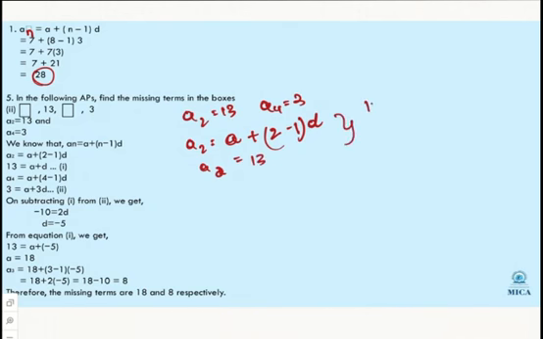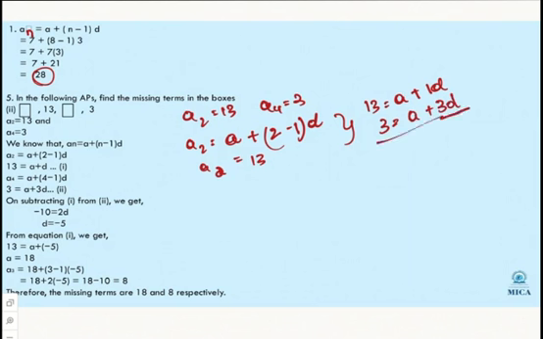We can write this as 13 is equal to A plus 1D. And similarly, we can write the fourth term as 3 is equal to A plus 3D.